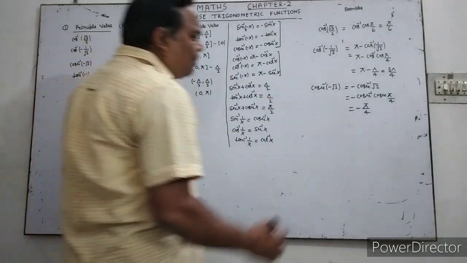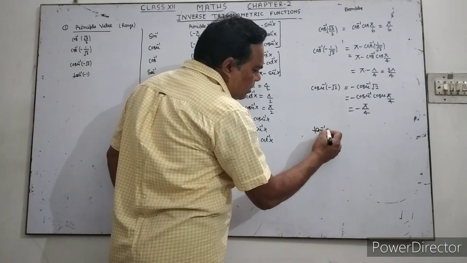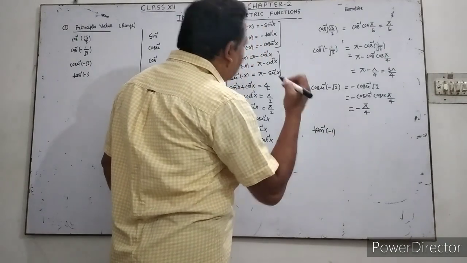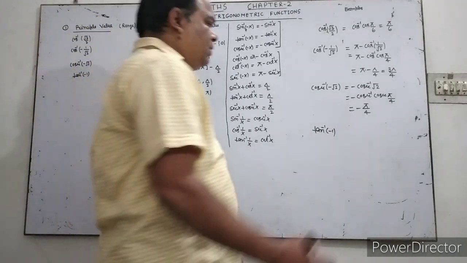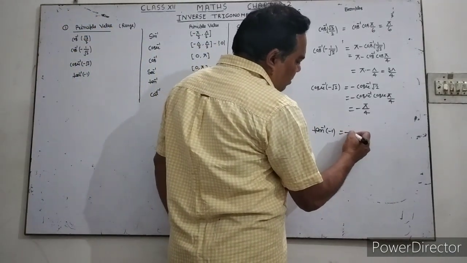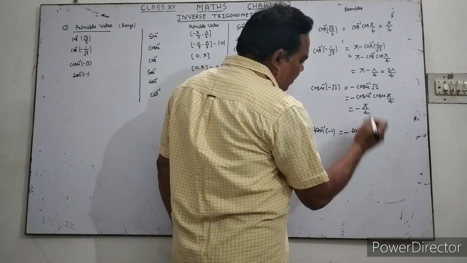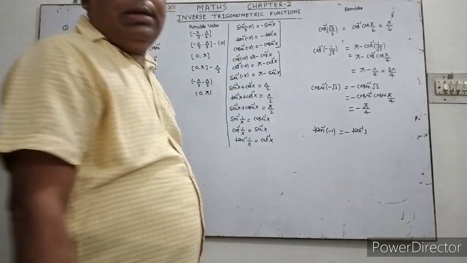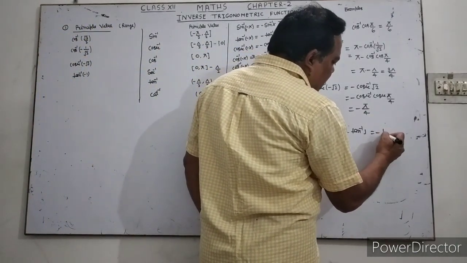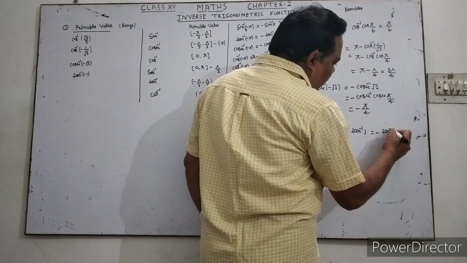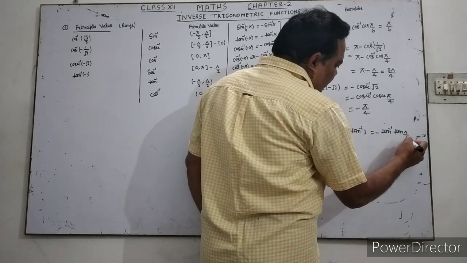Now another example. Tan inverse minus 1. What is the value of tan inverse minus x? Minus tan inverse x. Then this is minus tan inverse 1. Tan inverse 1 means tan pi by 4. Then this is minus tan inverse tan pi by 4.